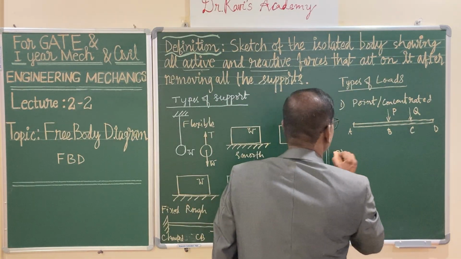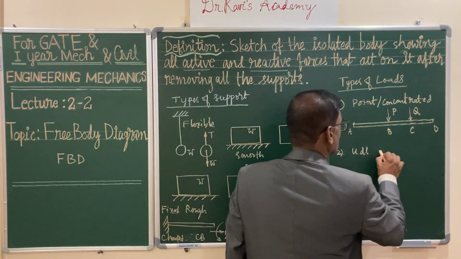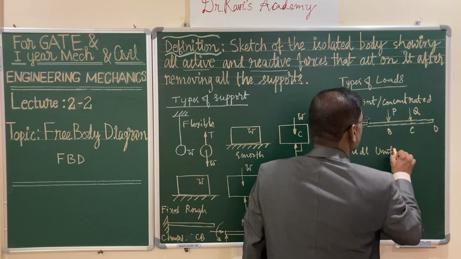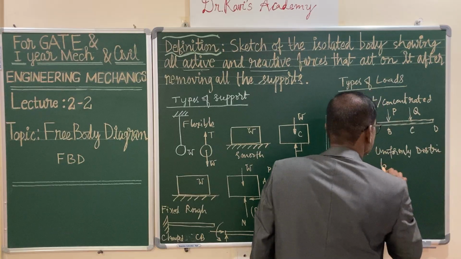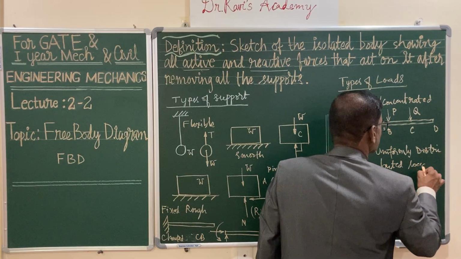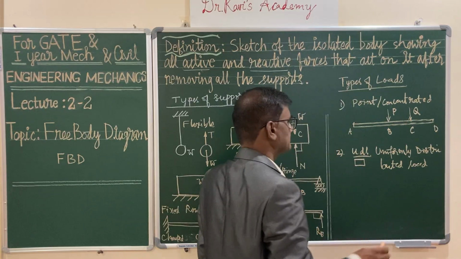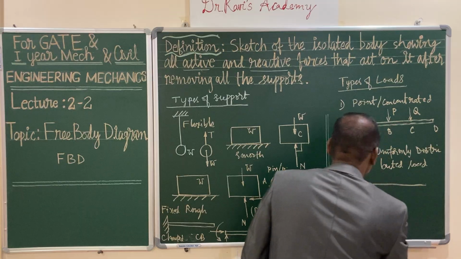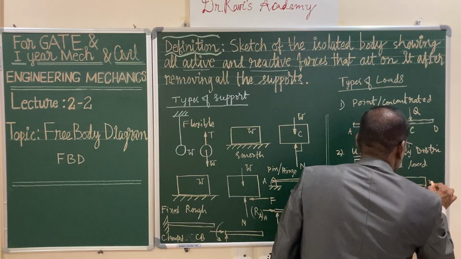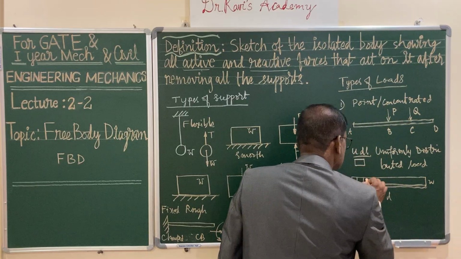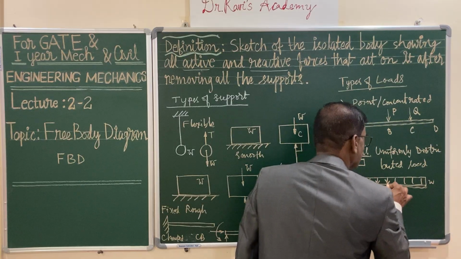And you have a second type of load. It is called UDL, uniformly distributed load, which is also known as a rectangular load. So this is something like a beam. It is represented with a rectangle of height small w, length L. So this is the load, and usually you will be calculating the area of the diagram.